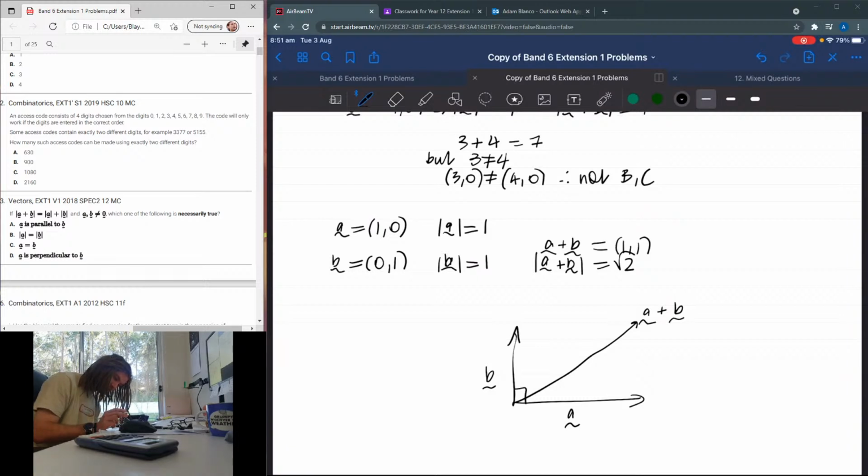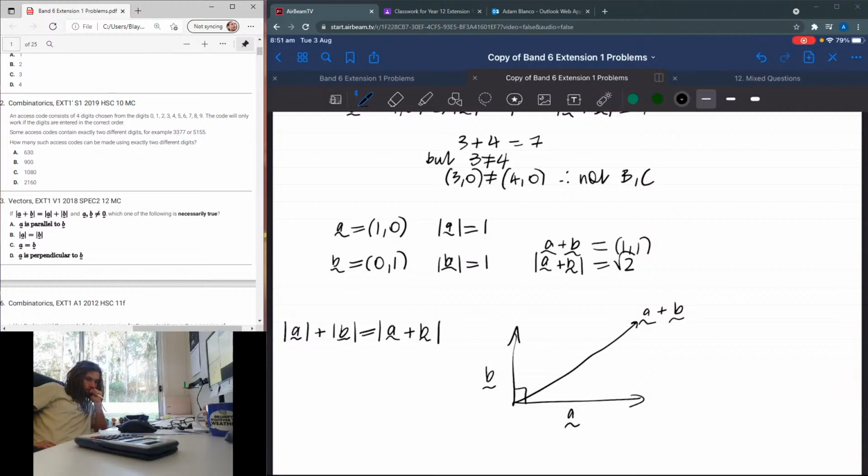So you're looking for 2 vectors. This is a cool question. Imagine if this was a question. We're trying to make that hold. So if this was, I keep going back to the 3, 4, 5 triangle.